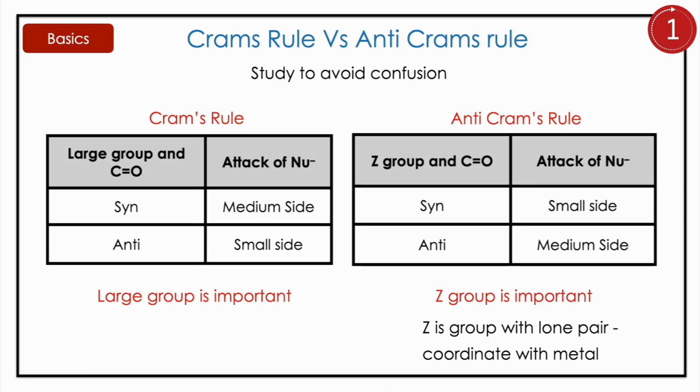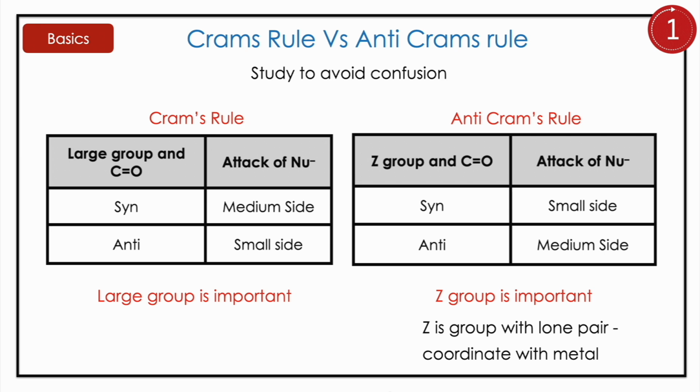Before getting into the detail, you should know Cram's rule versus anti-Cram's rule. This is to avoid confusion. It is better to memorize any one and write the reverse to find the other. Cram's rule is basically dictated by the large group. Anti-Cram's rule is dictated by the Z group. In Cram's rule, if the large group and C=O are syn, it means medium side attack.